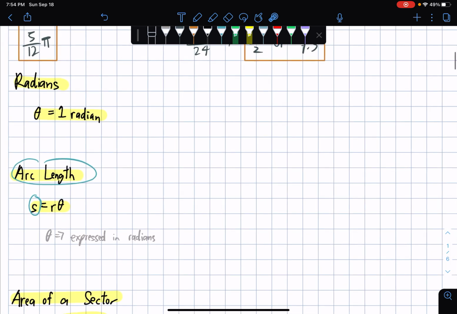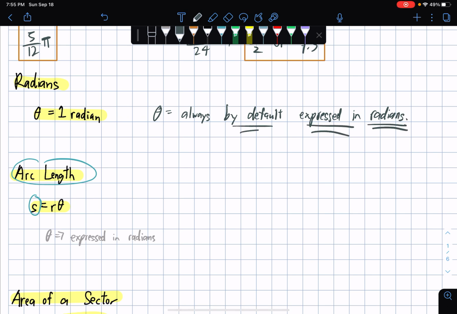So for radians, the formula stated here is already assuming that theta is by default expressed in radians, not degrees. So you'll have to take note of that. Always by default expressed in radians.